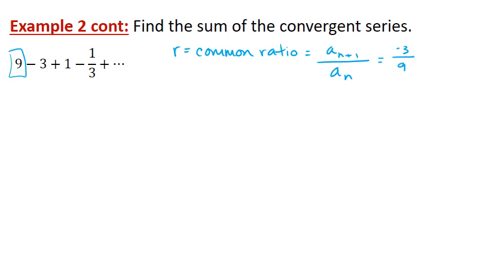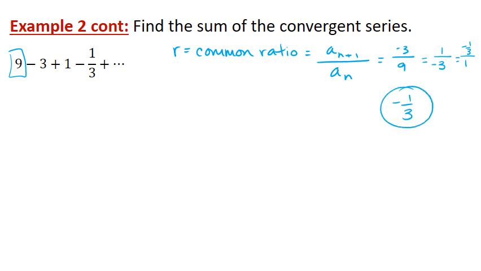Or you could think of it as the third term divided by the second term, or the fourth term divided by the third term. However you think of it, our common ratio is going to be -1/3.